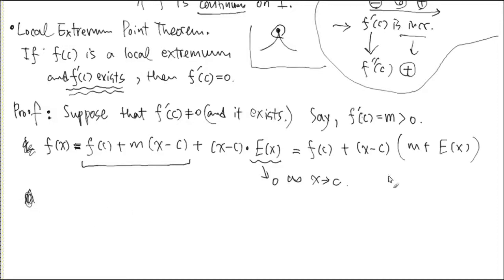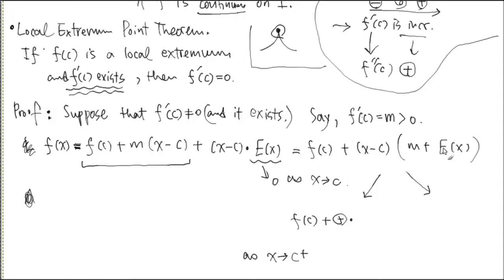I'm going to do two things. As x approaches c from the right, isn't that a positive factor there, x minus c? Is that right? If x is approaching c from the right, slightly greater than c, then x minus c is positive, right? m is a positive number, right?